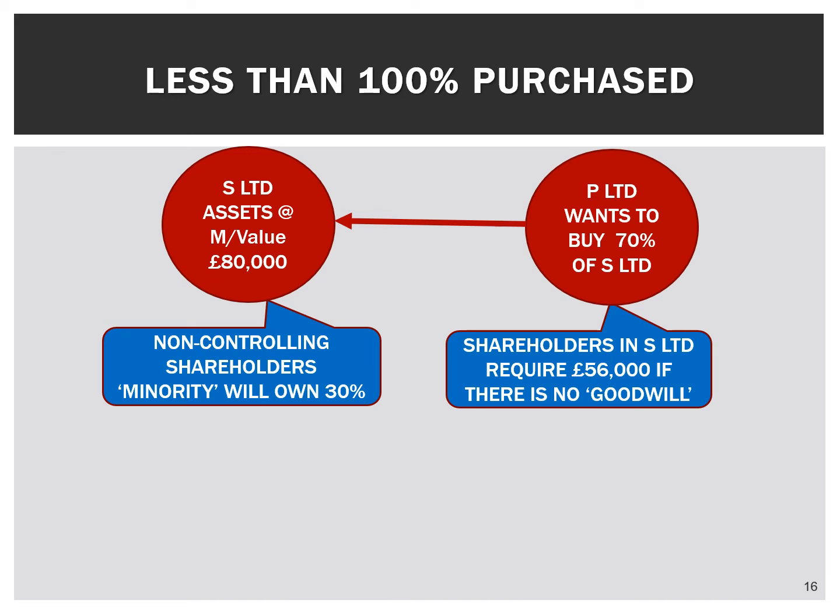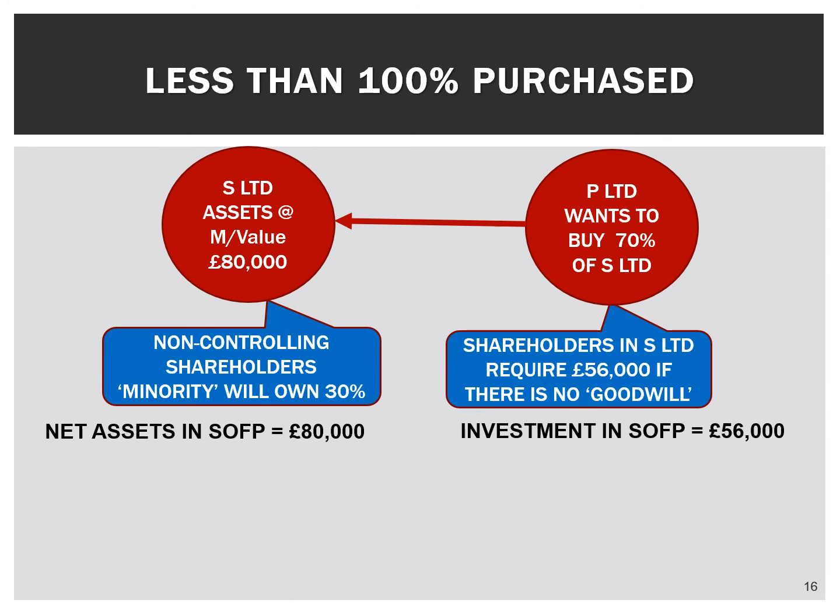They only have a 30% share, and so they don't have control of the company. Now, in this case, the net assets in S Limited's statement will come to a total of £80,000, but P Limited's investment will be shown in P Limited's statement at only £56,000, so there's a difference there, and that's because of the 30% owned by the non-controlling shareholders.